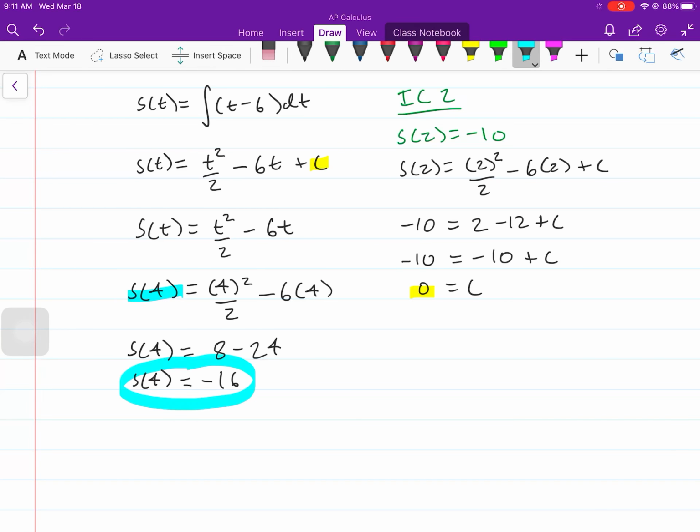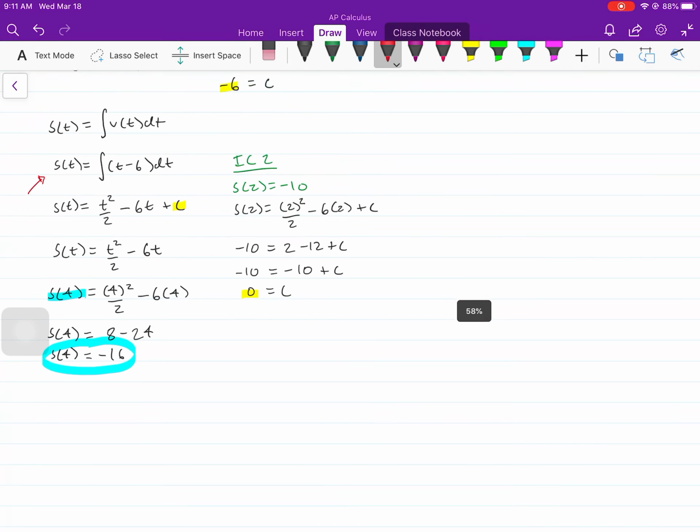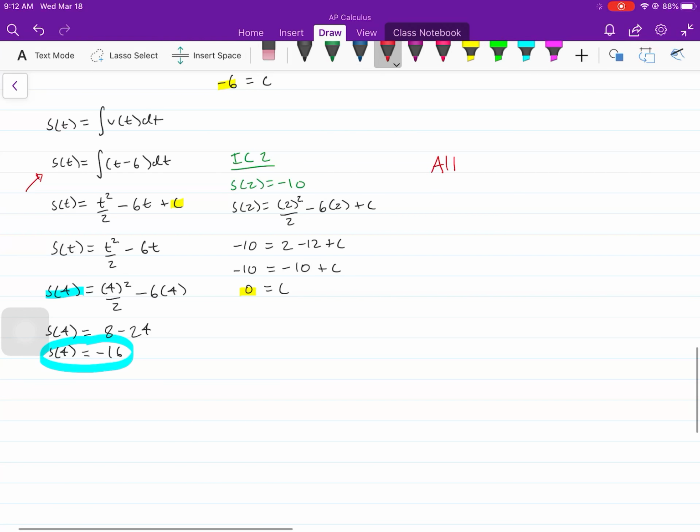So I do want to talk about an alternate method. It actually takes place at this spot here instead. So we have an alternate method, and my recommendation is, given a graph, to do this method.